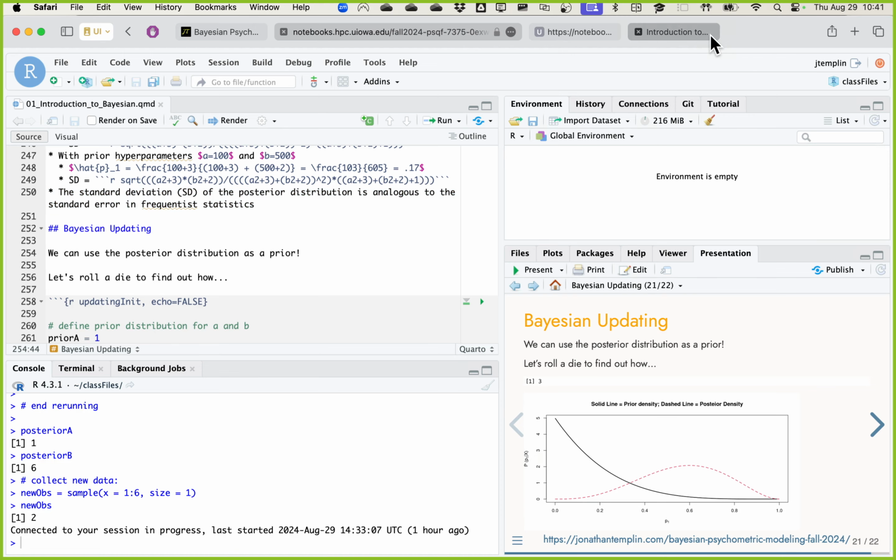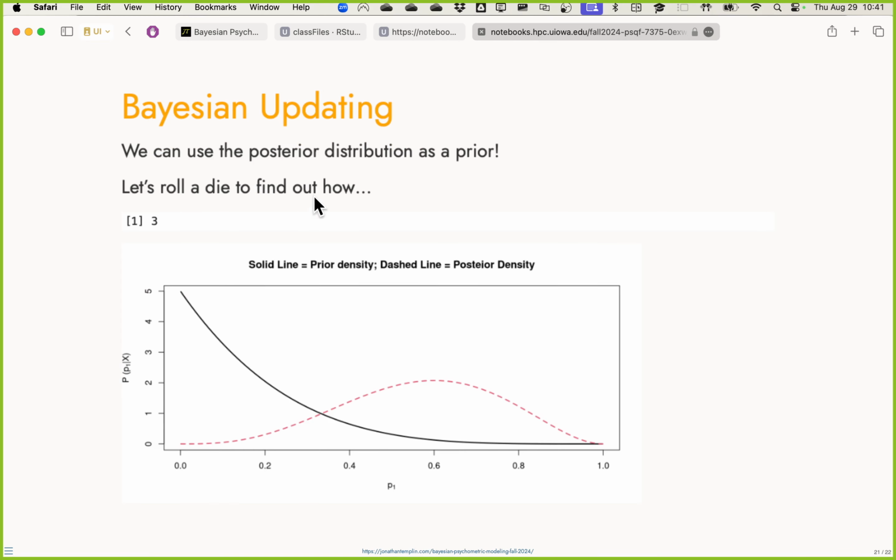But moving forward, there is one more thing we can do. Particularly in this case, we can do something called Bayesian updating. So maybe I rolled the die 5 times because this is a hour and 15-minute course. That's 5 observations. But I don't have to stop there. I can keep adding rolls of the die.